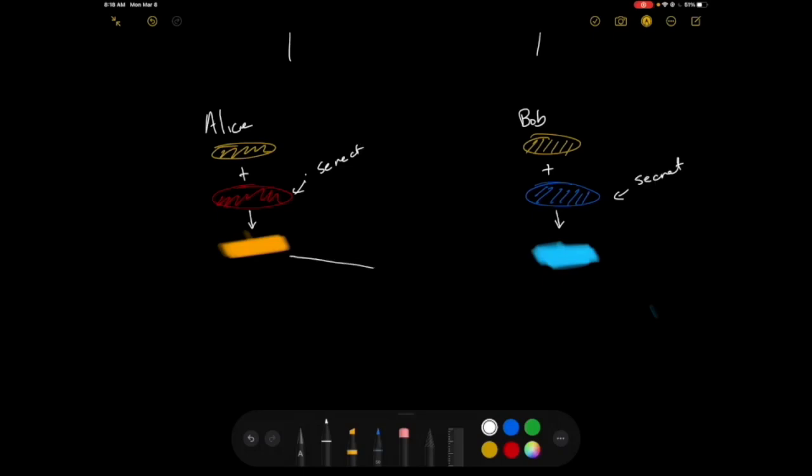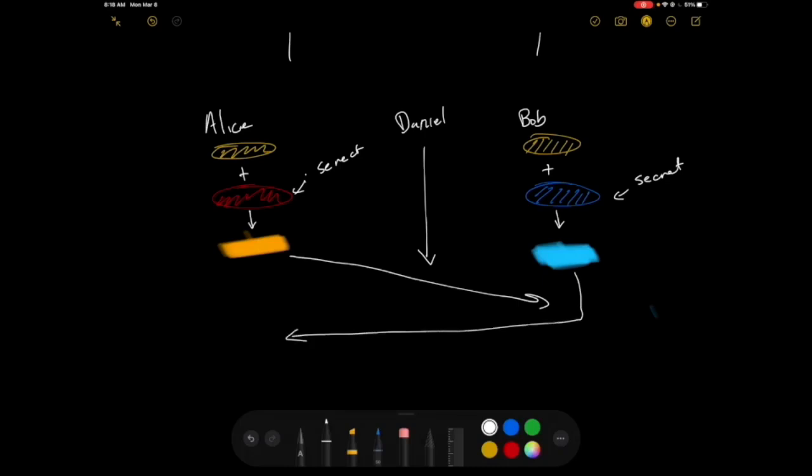Alice will send this color over the public network. So the attacker, Daniel, sees this color, and Bob will also send his color over the network. So Daniel sees those two colors.